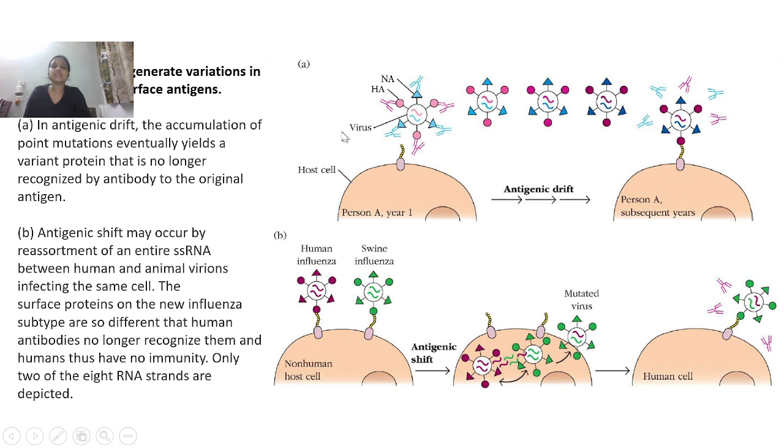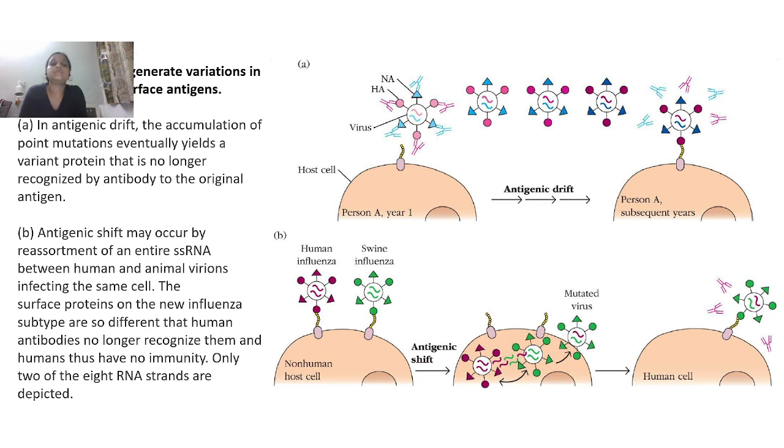So here you can see this virus was not able to infect the host cell. It cannot bind because the antibody is going and binding and neutralizing the virus. But as the virus is changing its structure and its genome, this virus can easily interact with the salicylic acid on the cell surface, and it can infect person A over subsequent years.